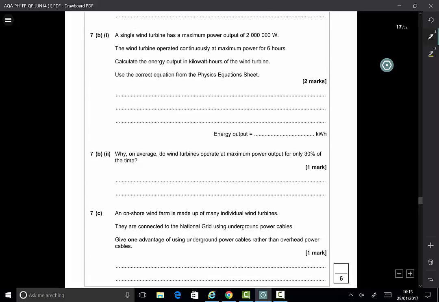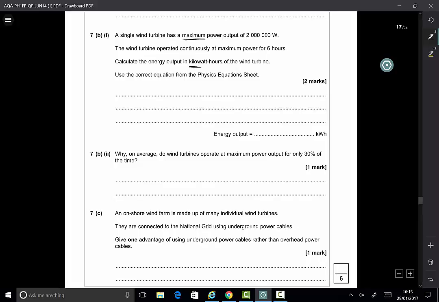Okay, next question. A single wind turbine has a maximum output power of 2 million watts. It's operated continuously at maximum power for 6 hours. What is the output energy in kilowatt hours? Right, so before we do anything else, that's in watts, that's looking for kilowatt hours. We know that 1 kilowatt is 1,000 watts.